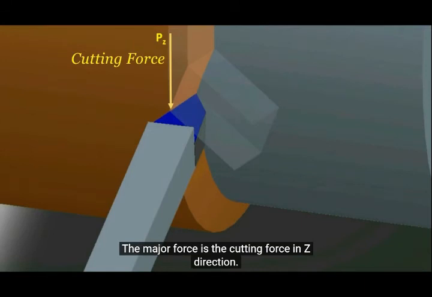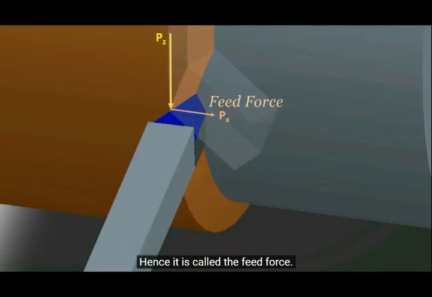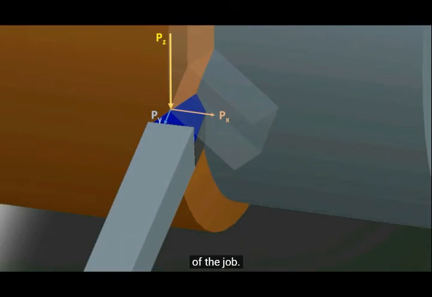As the tool cuts the unwanted material, the major forces in the cutting zone are in the z direction, Pz, and Px and Py in the x and y directions, the feed force. The force in the y direction is generally of lowest magnitude but has a major effect on the accuracy of the job.